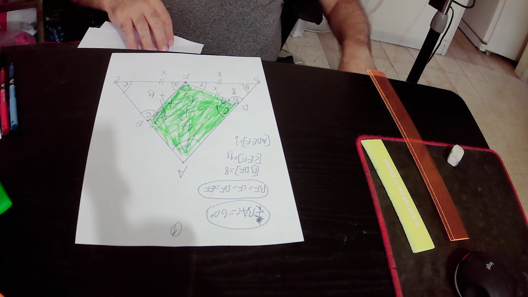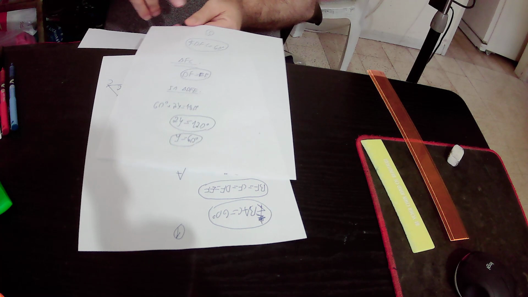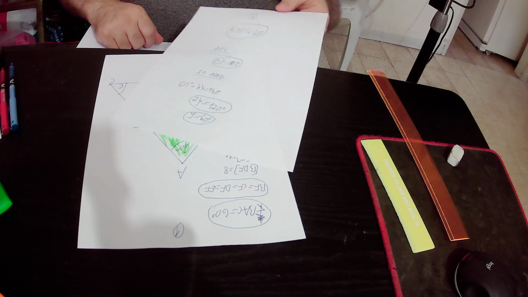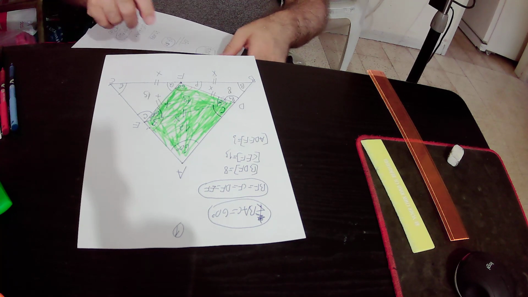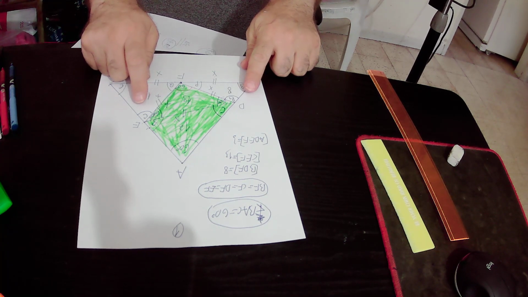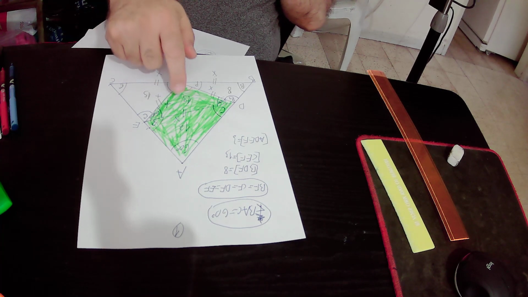From the equality that I presented to you, we found that angle DFC equals 60 degrees, and then we connected points D and E together by a straight line, and we focused on triangle DFE.